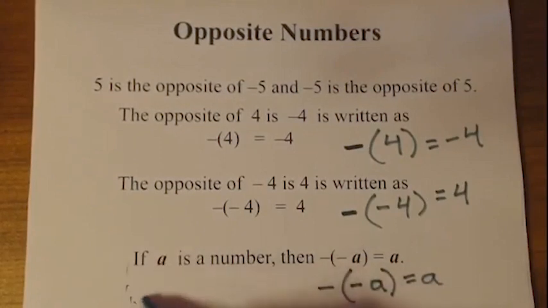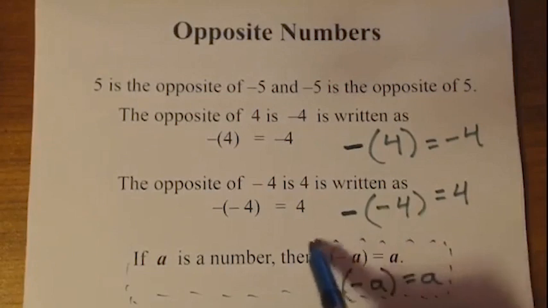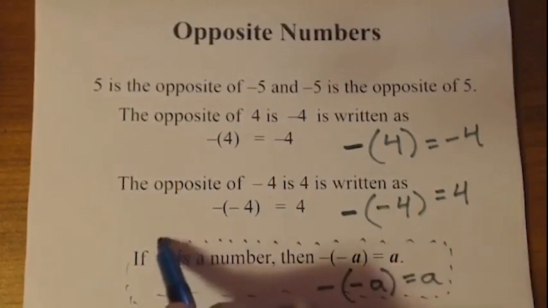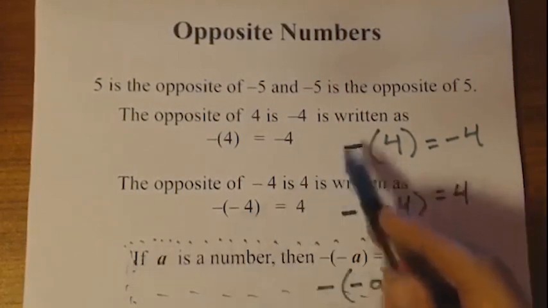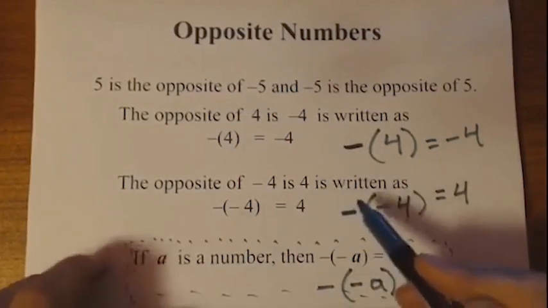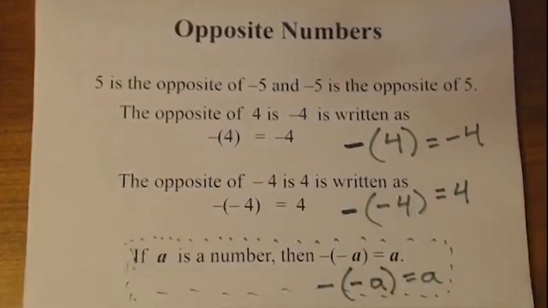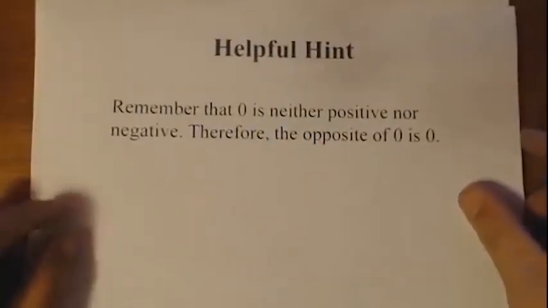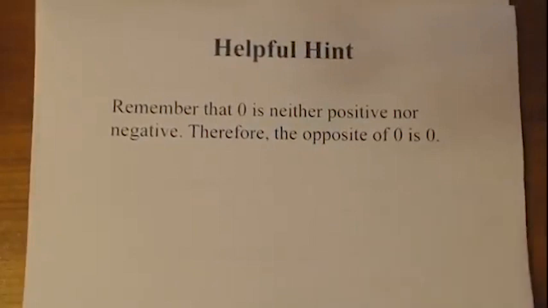For right now, if everything I said about this didn't make sense to you, you can go back and listen to it one more time, but don't worry so much. As long as you understand that the opposite of a positive is a negative and the opposite of a negative is a positive, you're good to go on. Another helpful hint, 0 is neither positive nor negative. So the opposite of 0 is just 0.